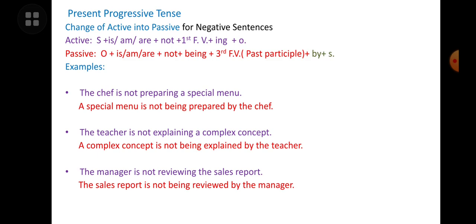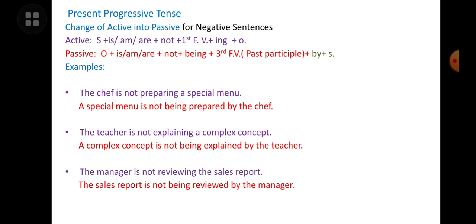The chef is not preparing a special menu, so its passive voice will be: a special menu is not being prepared by the chef. In the second example, the teacher is not explaining a complex concept.